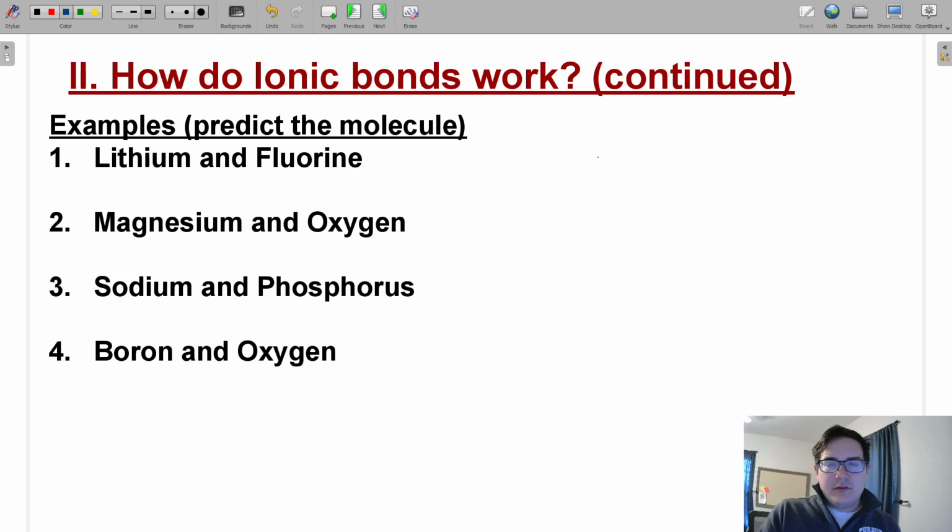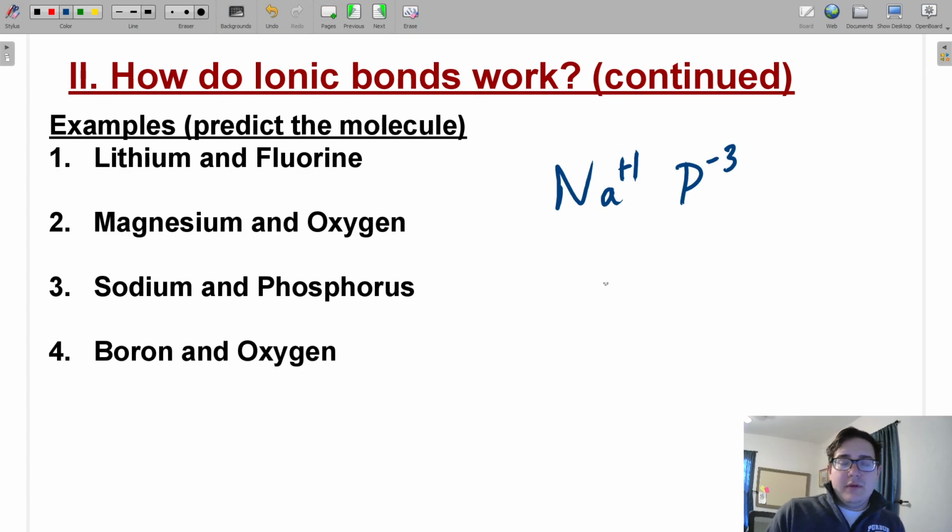Alright, sodium and phosphorus. So sodium makes a +1 charge. Phosphorus, however, makes a -3. Again, if you have a hard time with this, you need to backtrack, look at valence electrons, looking at your periodic table. When these come together, however, sodium is willing to give 1 electron, but phosphorus wants 3.